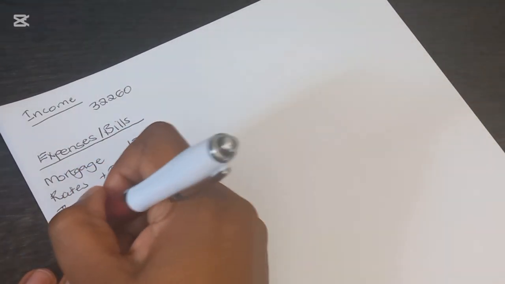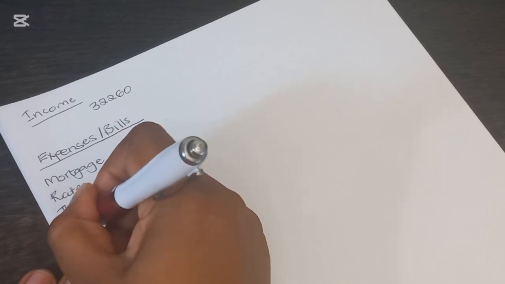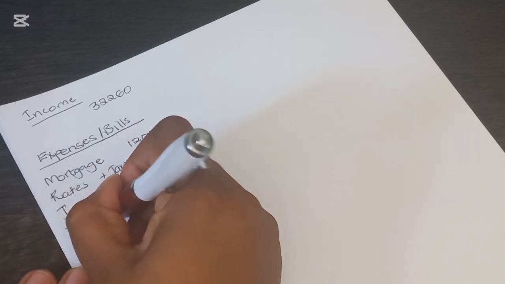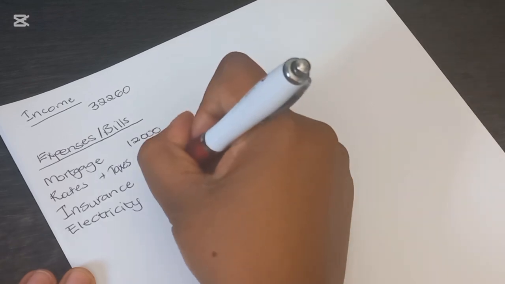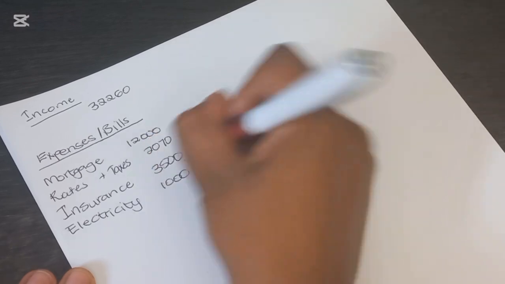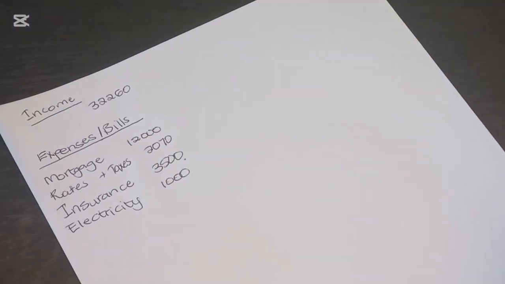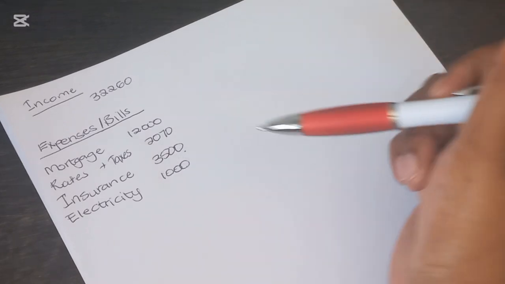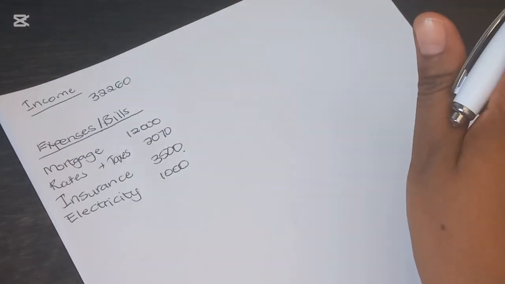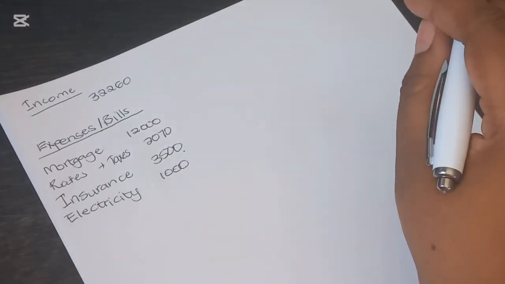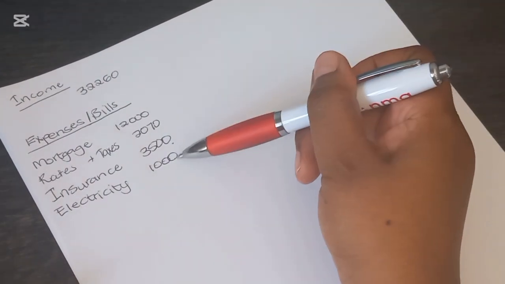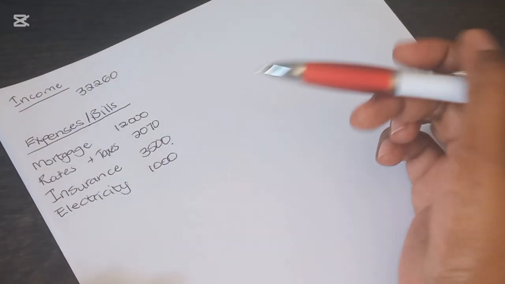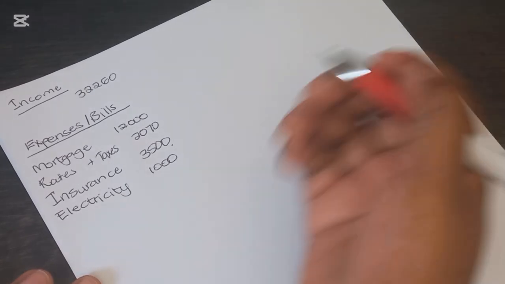And the next bill is electricity. And that I pay 1,000 rand for, but we're gonna need a top up because lately electricity rates are crazy. So we're gonna have to top up before the end of the month for this one.